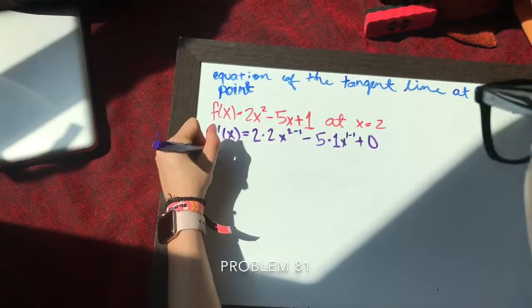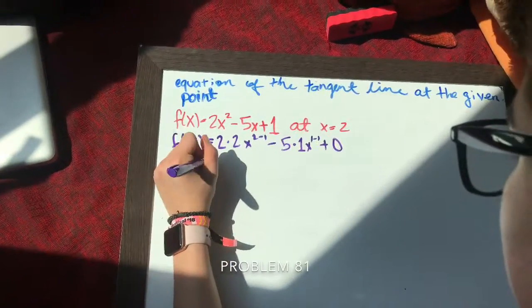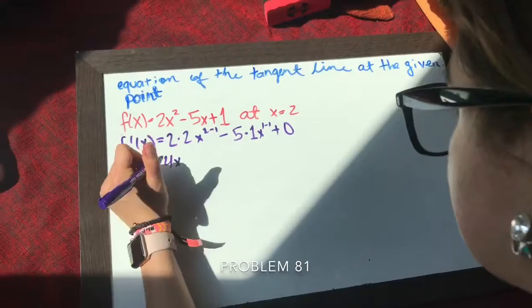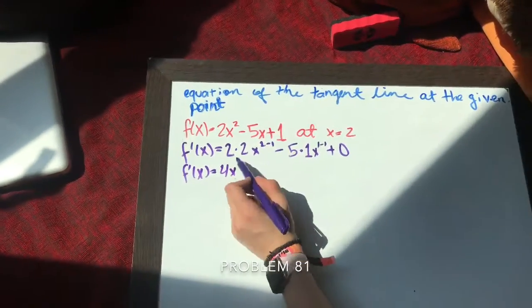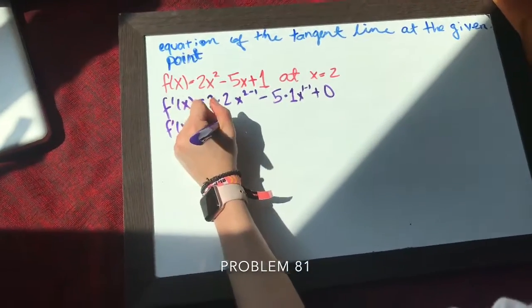So if we simplify it, it will be 4x, because 2 minus 1 is 1, so 4x minus 5.